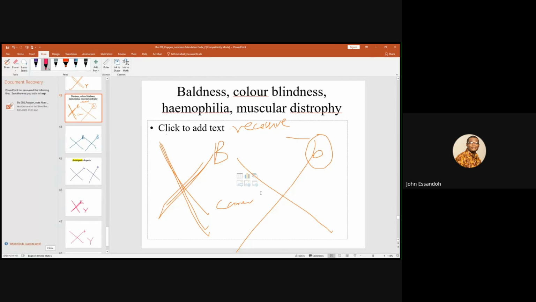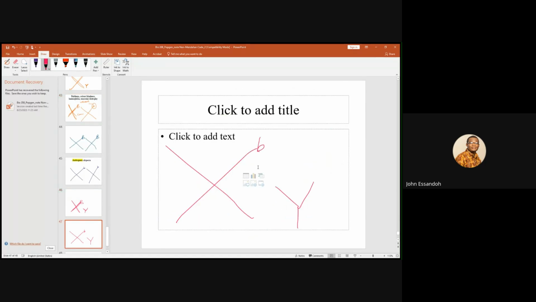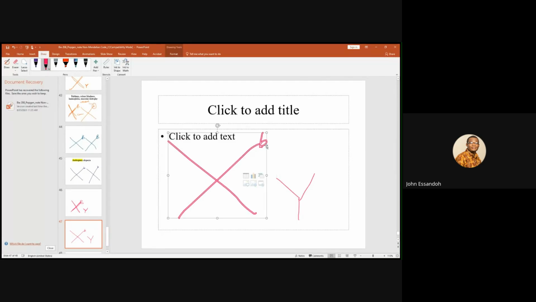Once your grandpa has it, your grandpa is this. This is your grandpa's genotype, and your grandpa will pass on this gene to your mom. It's a must, because if your grandpa is bald, this bald allele is going to your mom.